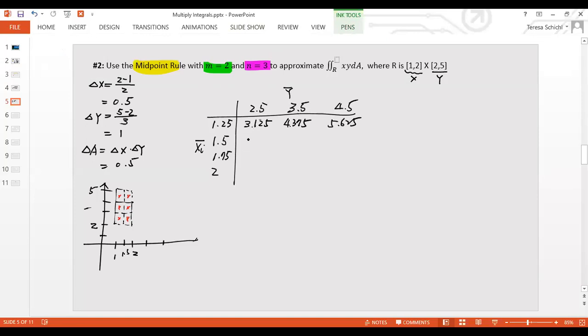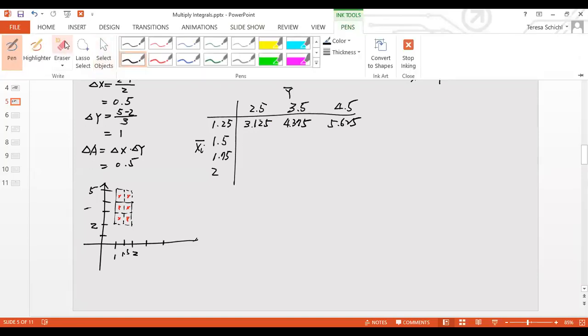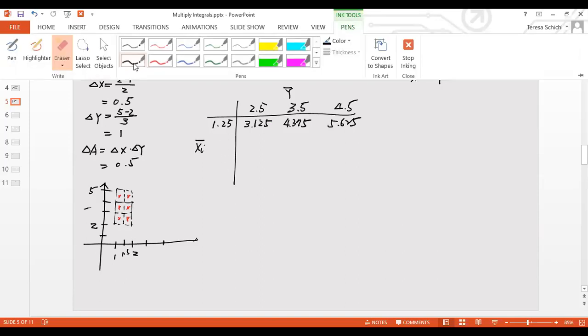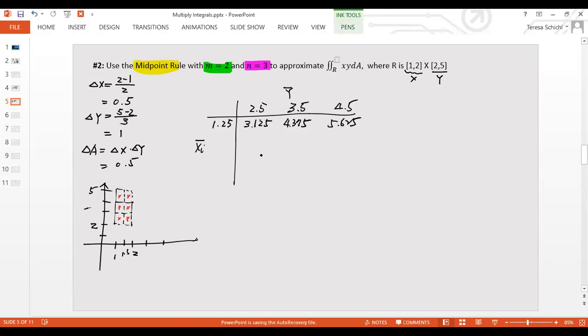And then x equal to 1.7. Oh, I know I got something not quite right here because m is 2. So the first one is 1.5. The second one is what? 1.75 here. Okay, got kind of confused here. So I only have 6 regions here.